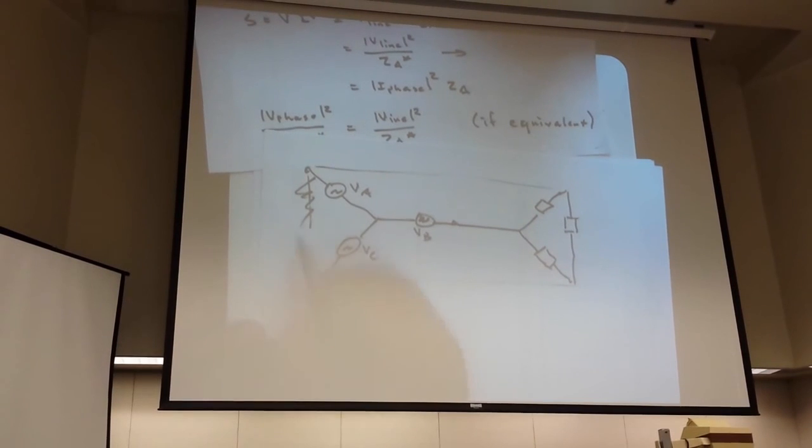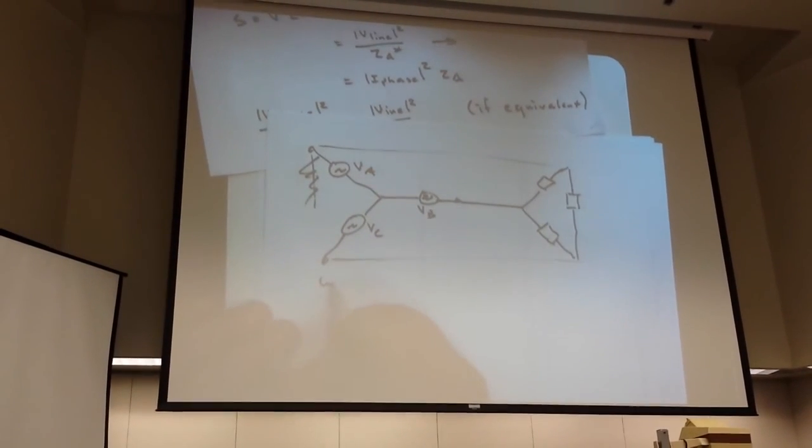Oops, nothing there. So we have a Y source and a delta load. How would you go about analyzing this? And what would you do?